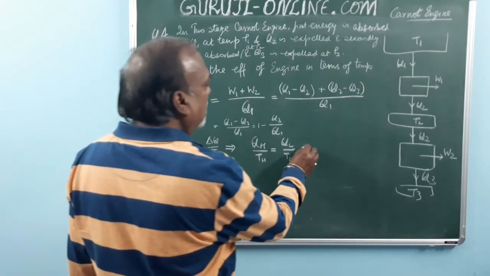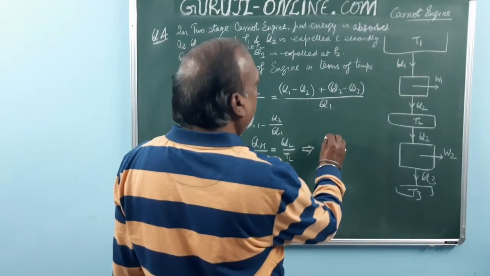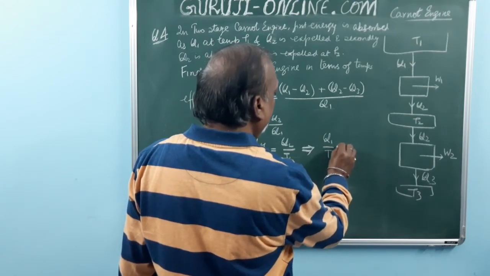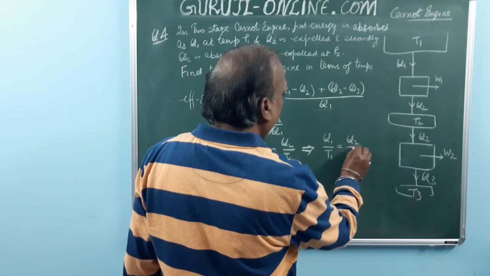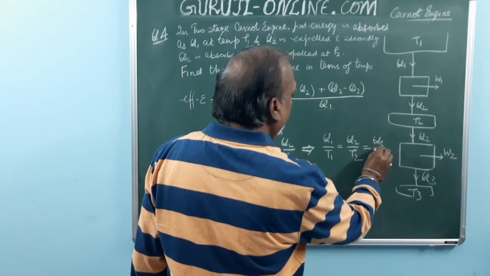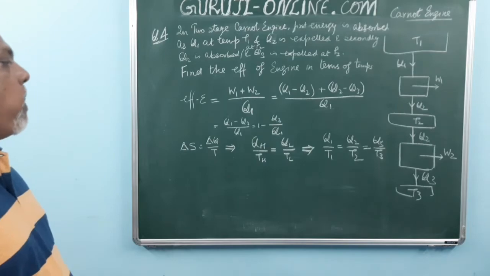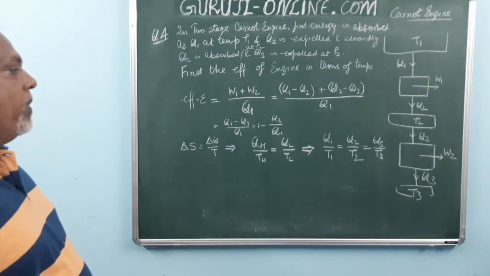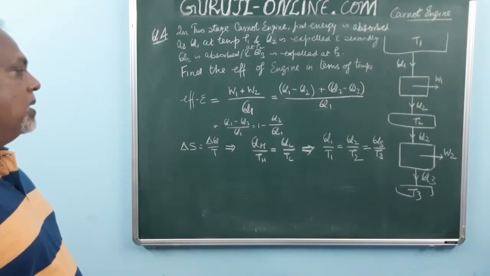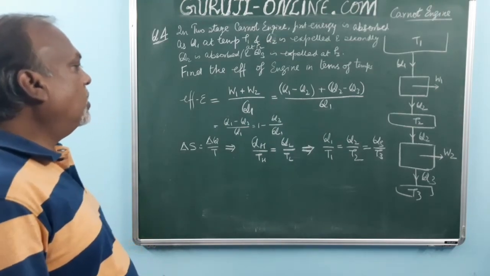With this analogy, we can write Q1 upon T1 must be equal to Q2 upon T2 must be equal to Q3 upon T3. Correct? If you can't understand this step, please do write in the comments. In my next video, I can give you the solution.